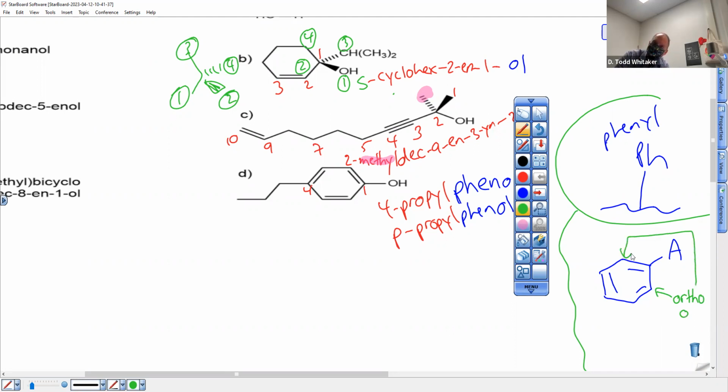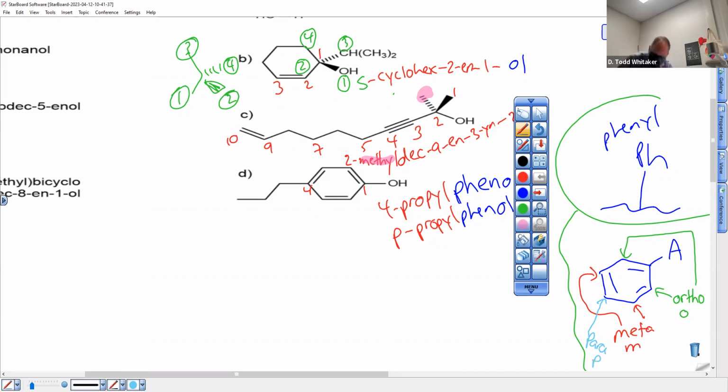They're both ortho. They're one away. The next position over is called meta. And the one farthest away, the one you guys already told me about, the P. M is the letter for meta, and then para is in blue. This position right here, para.